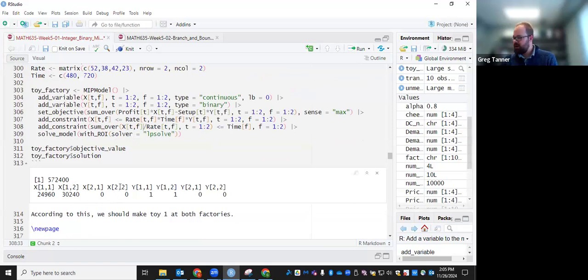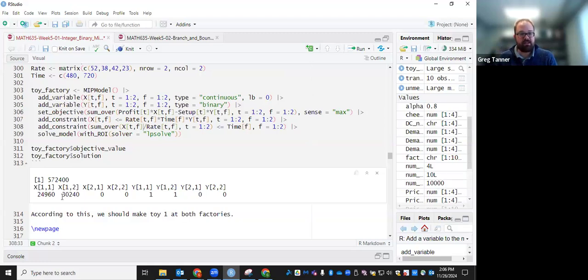So apparently, toy 2, even though it had a higher marginal profit per toy, also had a larger setup cost, and the setup cost just didn't pay off in this case with the availability of time that we have at the different factories.